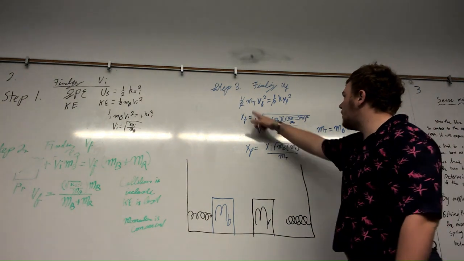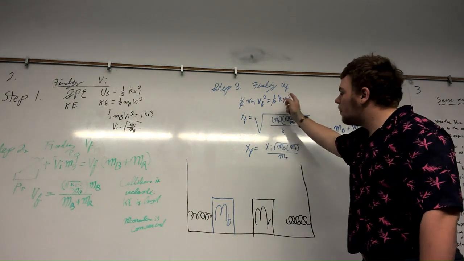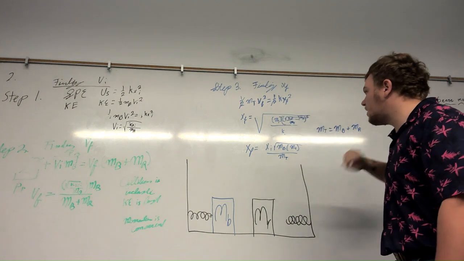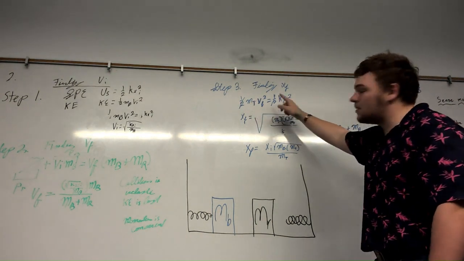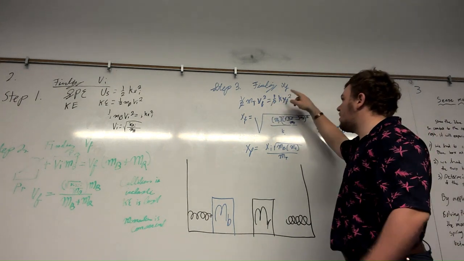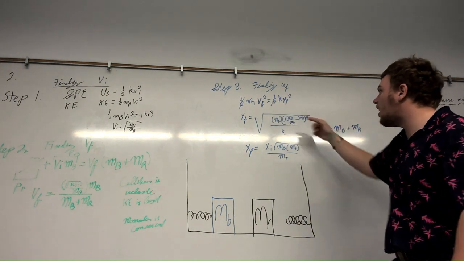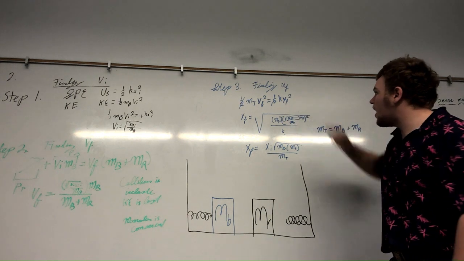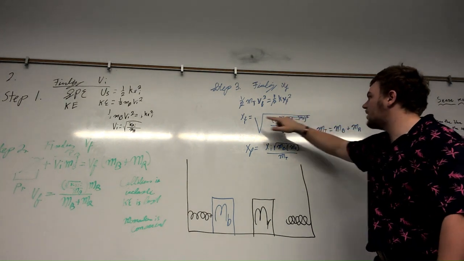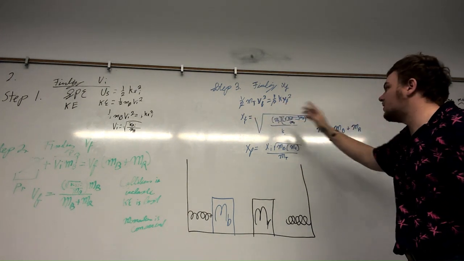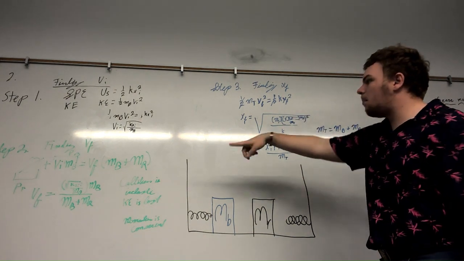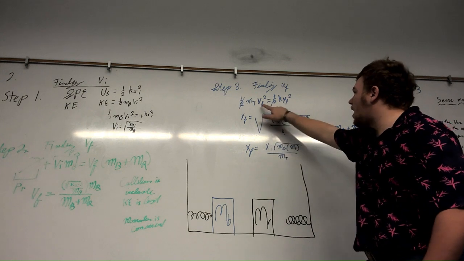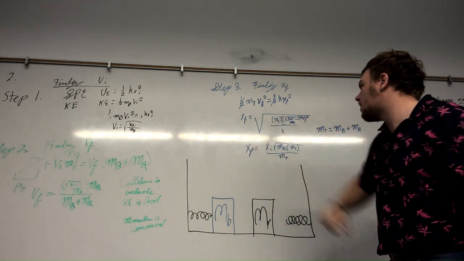So we put the spring potential energy and kinetic energy together, and we get 1/2 m, the total mass, times v_final squared equals 1/2 k, the spring constant, times x_f squared. We're trying to solve for x_f, so we can cross out the halves because those cancel, then solve for x_f and plug in our final velocity equation from before.